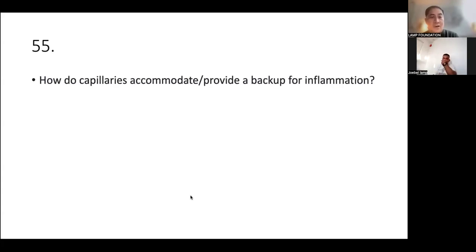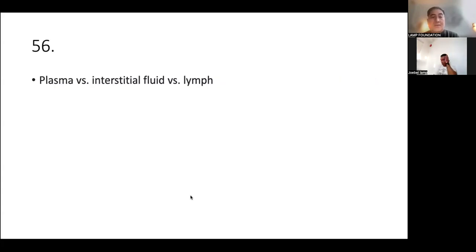How do capillaries accommodate or provide a backup for inflammation? Develop even larger openings. Okay. Compare the plasma with interstitial fluid with lymph.